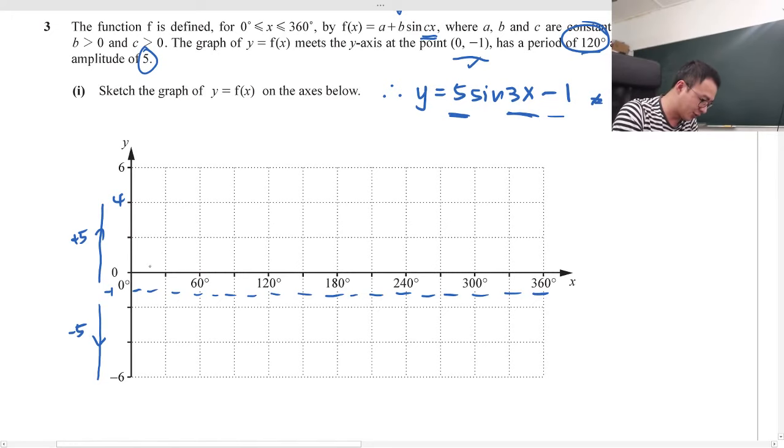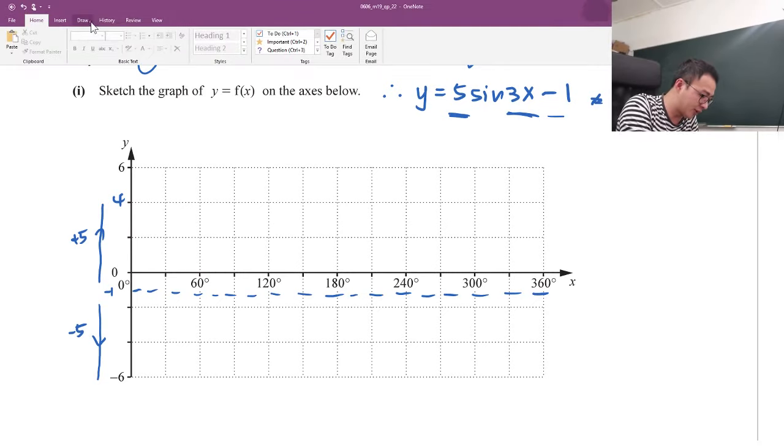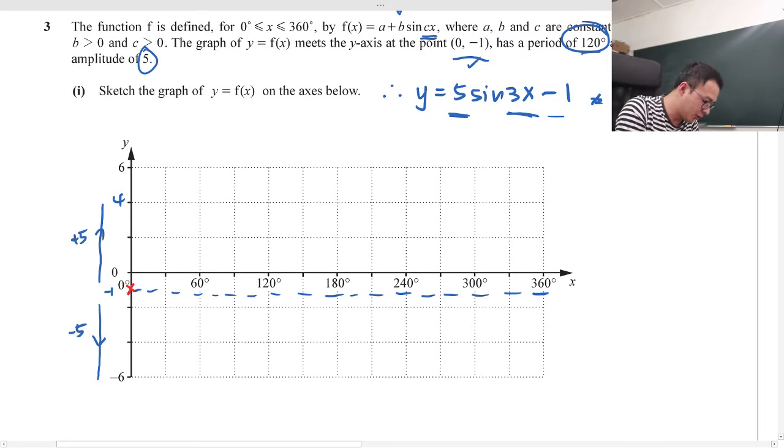So therefore, I should plot my coordinates here to make the thing look easier to draw. 1, 2, 3, 4, 5. This is my 1 cycle. 2 cycles over here. And then 3 cycles over here. Alright, then I will just draw it. Yeah, on paper I should be able to draw nicely, but because I draw on the screen here, it's not as easy as you think.